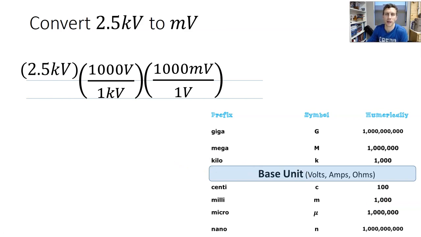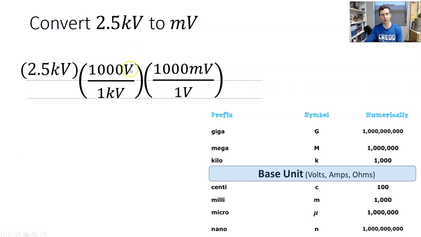Now we want to calculate. Because kilovolts have canceled out with kilovolts, volts have canceled out with volts, and we are left with millivolts. But how do you put this in your calculator? Well, you go 2.5 times 1,000 times 1,000 divided by 1, equals.